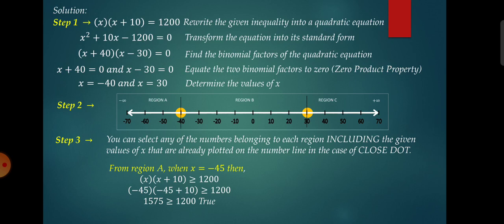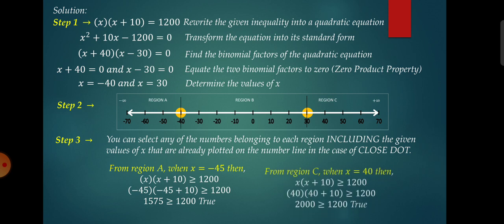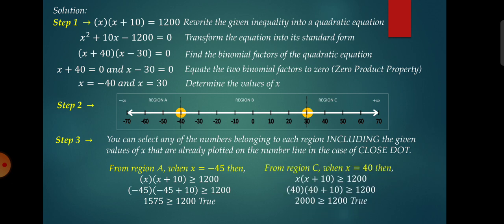So if region A is true, it is possible that region C would also be true. Example, when the value of x is positive 40, you plug it into the inequality: x, which is 40, times x plus 10, is greater than or equal to 1,200. What is 40 plus 10?